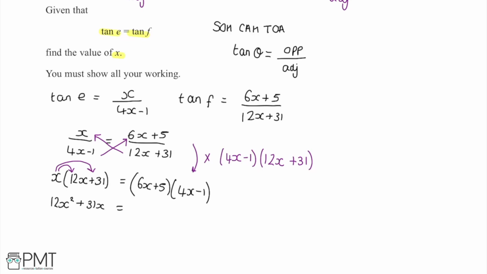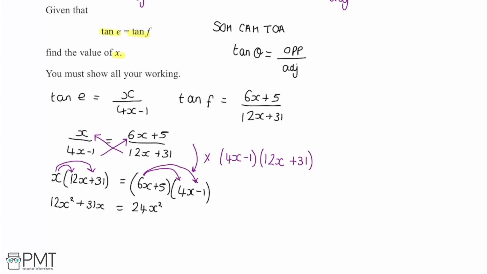And that's going to be equal to the expansion of these brackets, and I like to use the FOIL method. So firstly multiply these two. 6x times 4x is 6 times 4, which is 24, and then x times x, which is x squared. And then we can do this one and this one.